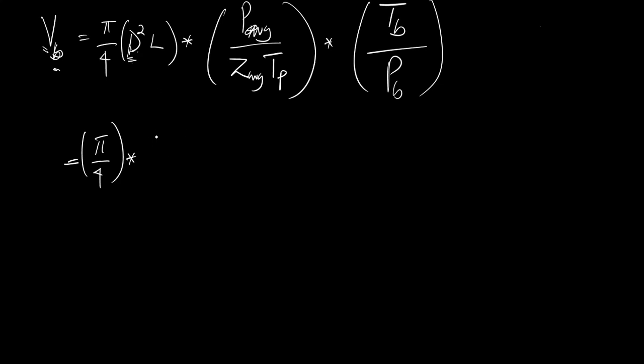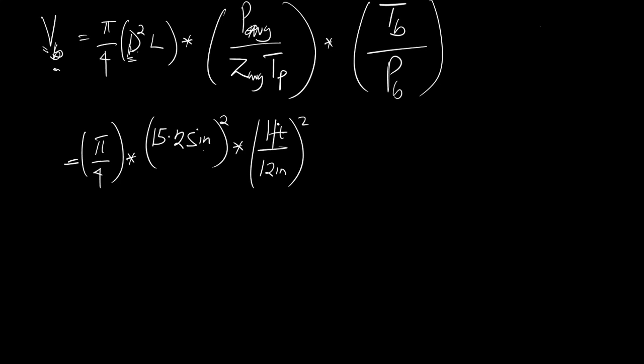So now we have the internal diameter of the pipe, which is 15.25 inches square. Now we need to change this inch square to feet. So what we're going to do, we multiply by what? Now we know 1 feet is equal to 12 inches. So since this is square, we square it. So that is it. Now times, we have the 50 miles.